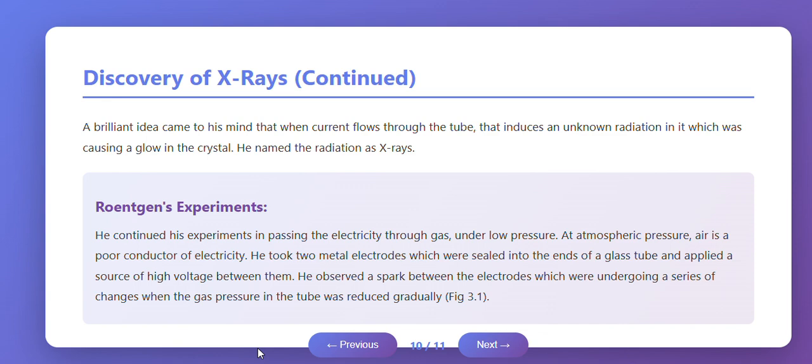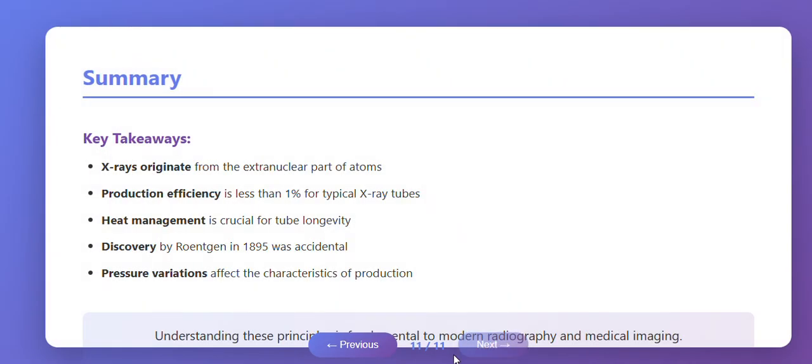All right, everyone, let's wrap this up with our key takeaways. First, X-rays originate from the extranuclear part of atoms when high-speed electrons are suddenly stopped or deflected. Second, the production efficiency of typical X-ray tubes is less than 1%. Third, heat management is critical for tube longevity.